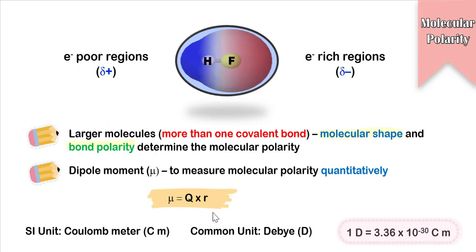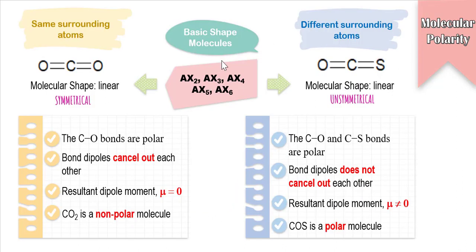But don't panic, we are not going to use this formula at all. As I mentioned before, the polarity of larger molecules is determined by using its molecular shape and also its bond polarity.